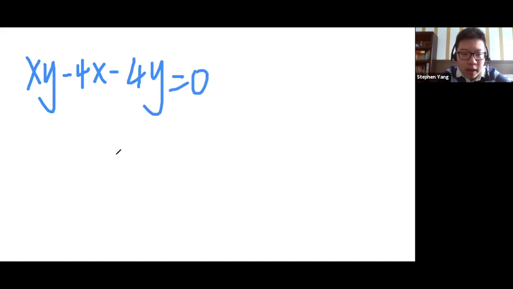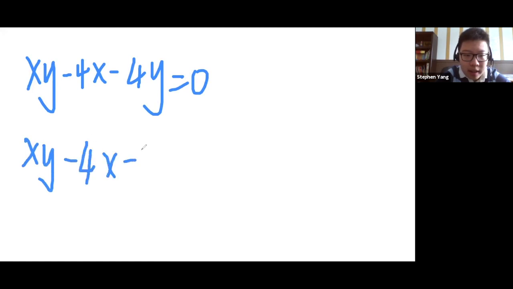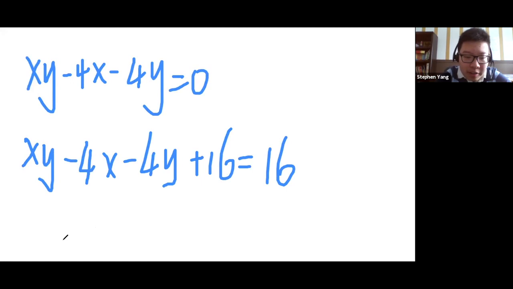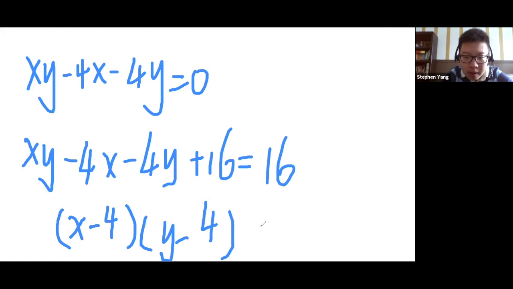And then we could add 16 to both sides, and then factoring the left-hand side, we get (x minus 4)(y minus 4) equals 16.